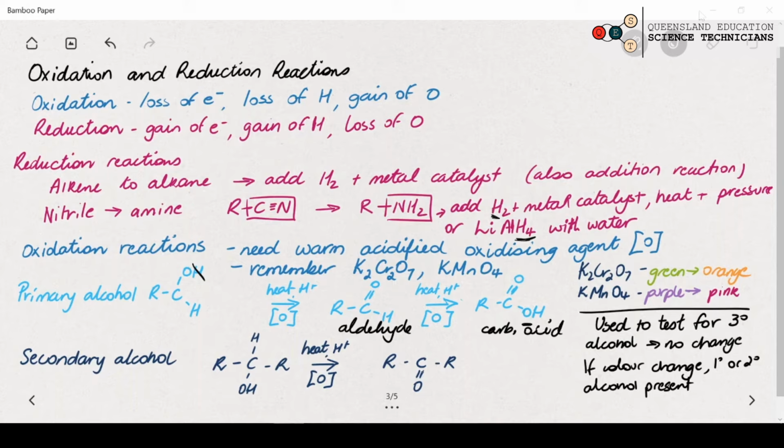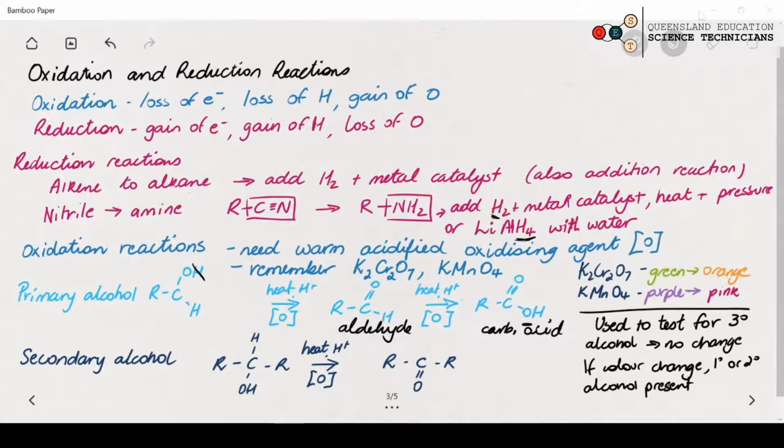So we have our aldehyde and our carboxylic acid able to be formed. Whereas if I have a secondary alcohol, remember with a secondary alcohol, it's coming off a carbon that's in the middle of a chain. And in this case, because I'm losing this hydrogen and this hydrogen to form my double bond, I now have the 4 bonds, so there's now no longer a hydrogen here, and it doesn't want to bond with any other oxygens.